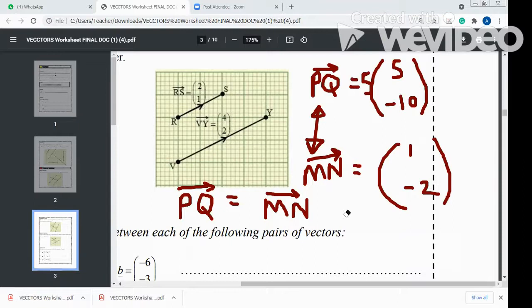But let me ask a question. What can I put at PQ though? Something can go at PQ. 2 or 1?